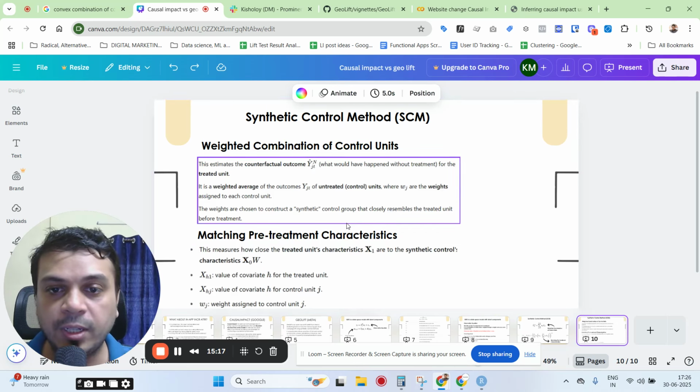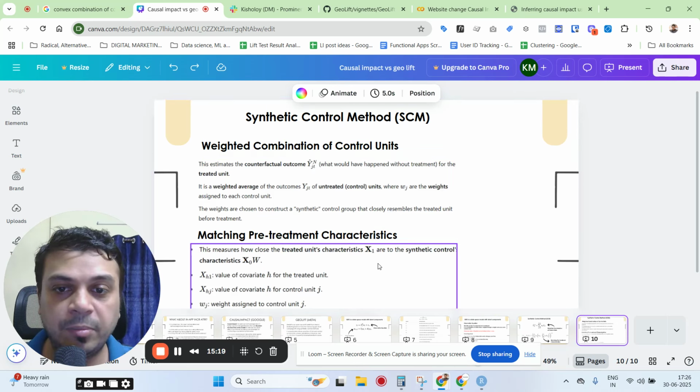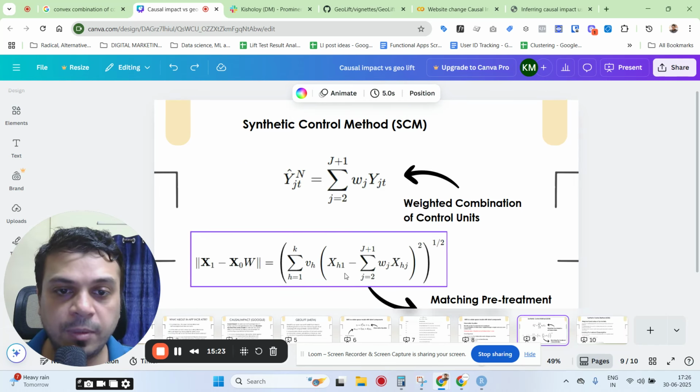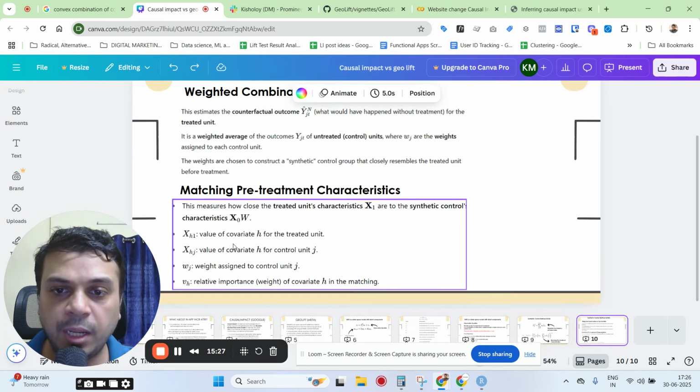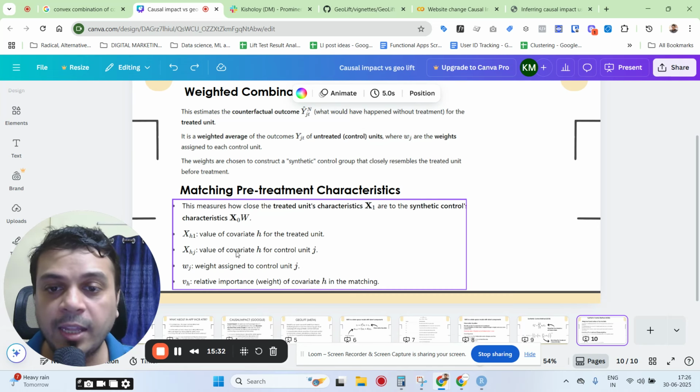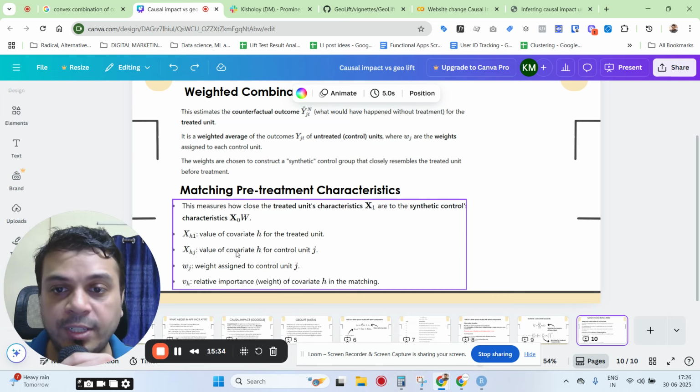Then the next equation is simply about matching the pre-treatment characteristics. You have this difference within the summation, as you can see, and this simply gives you the difference between the value of the covariate h for the treated unit and the value of the covariate h for the control unit j. So you have the differences between the treated and the control unit that gives you the actual post-treatment effect.